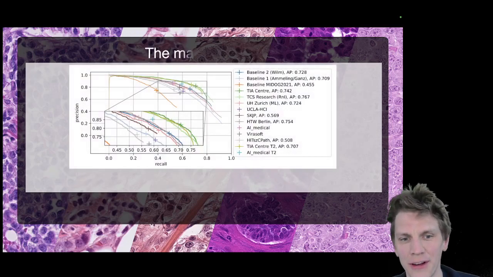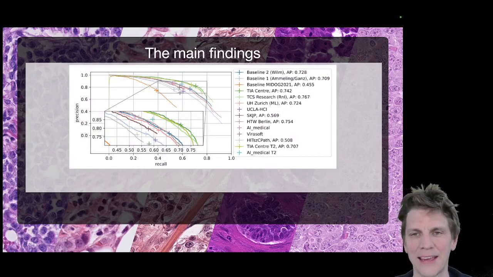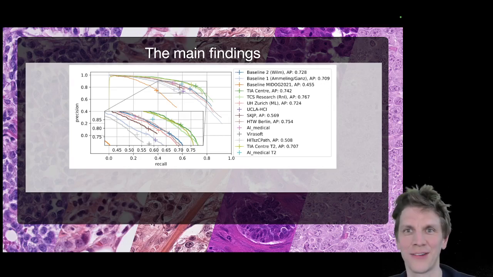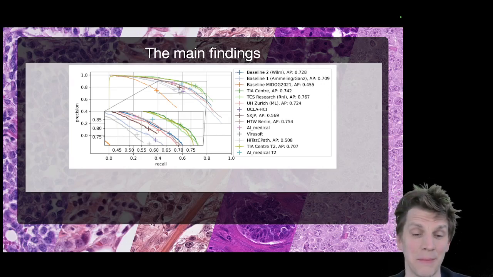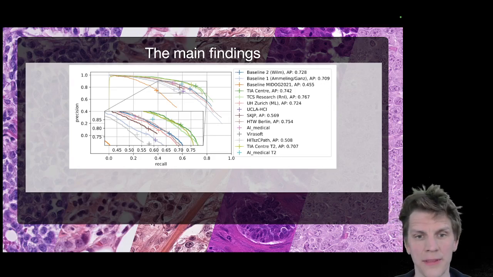Right, moving on. Of course, I could also look into the main findings that we had in the challenge, and there are many curves and results plots and so on in the paper, but I think it's better that you look it up there. In summary, we found that the challenge participants had a pretty decent score.